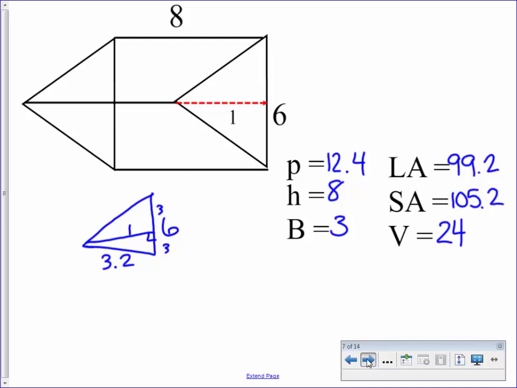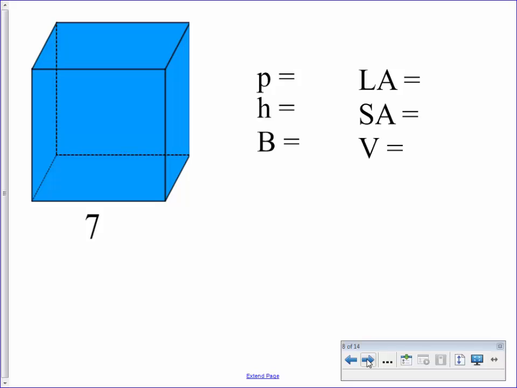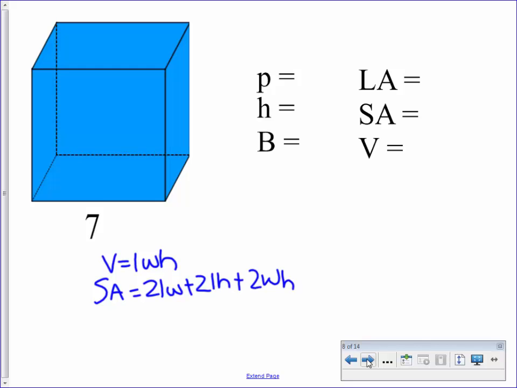All right. Now, this is a cube or a hexahedron. It is not on your formula sheet, but you can also use the volume as length, width, and height, and the surface area as 2LW plus 2LH plus 2WH, the rectangular prism, because in a cube, these are all the same.